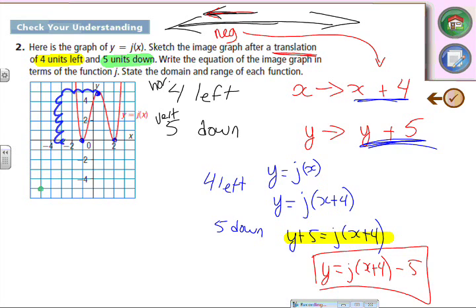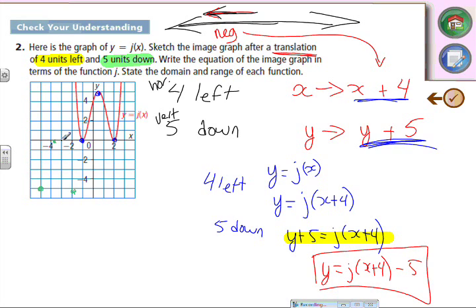Take the next one. 4 to the left, 1, 2, 3, 4, and 5 down, 1, 2, 3, 4, 5. Actually, this one should be over a little bit. Sorry. And then now, we're going to have the exact same shape. If you have other points, you could take other points if you want.